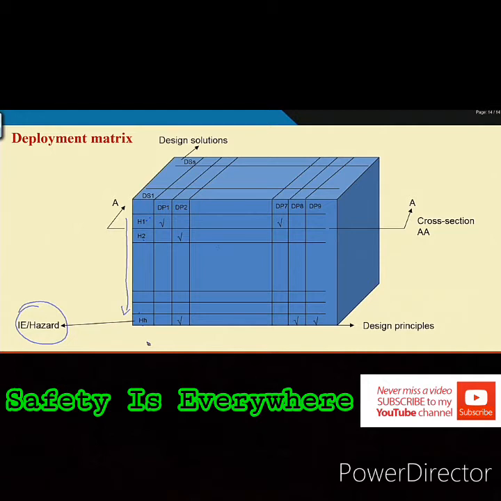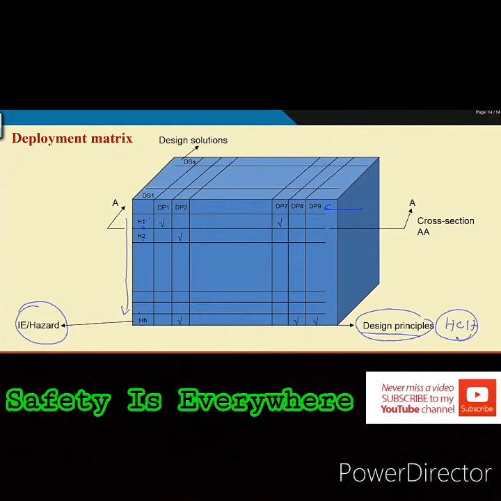Then we have already seen the hazard control hierarchy with 9 principles. These are the design principles from the hazard control hierarchy. First, you map these two: the hazard with the hazard control hierarchy, and with reference to one hazard, which of the principles can be applied.